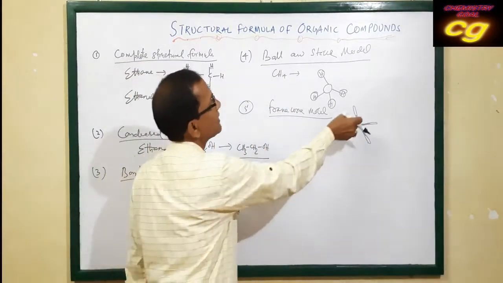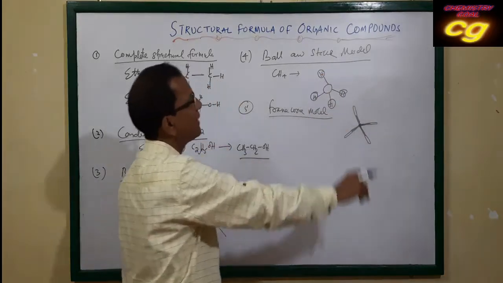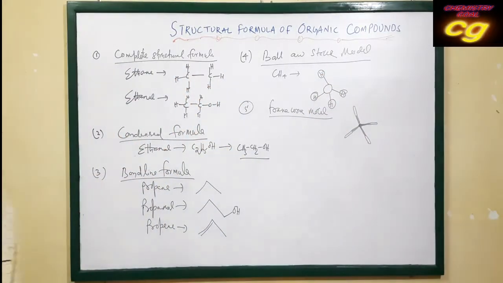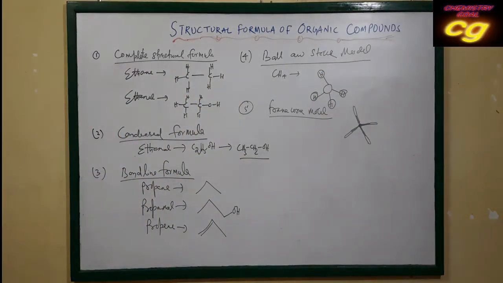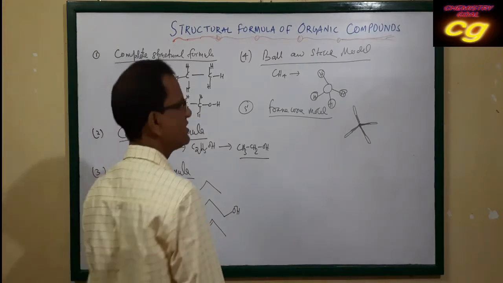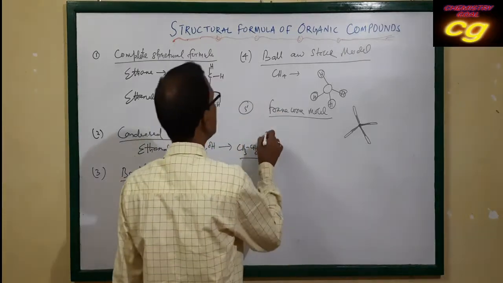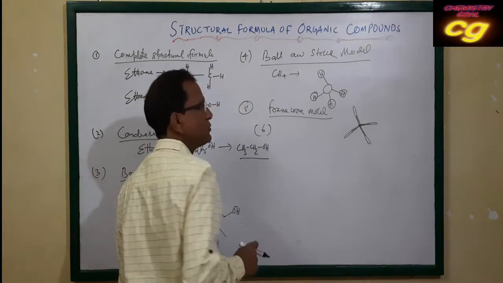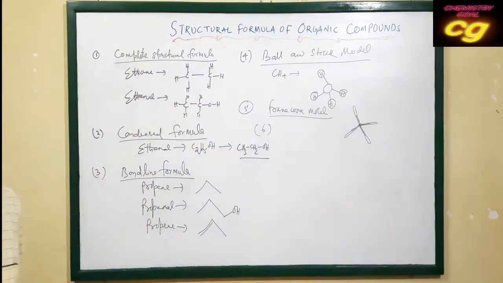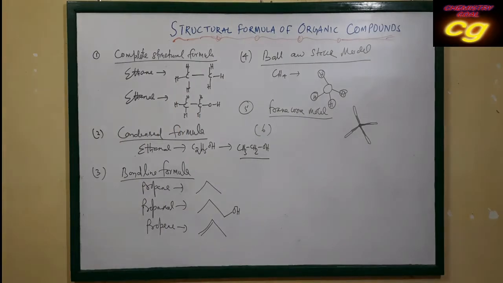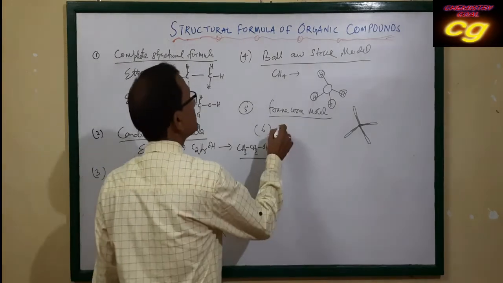Here the first part is black and the upper part is white, which indicates two parts. That indicates framework models. It is the same structure of methane. And sometimes you can also draw space filling models.